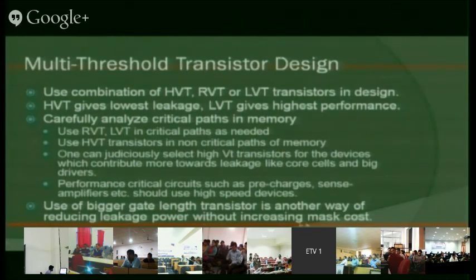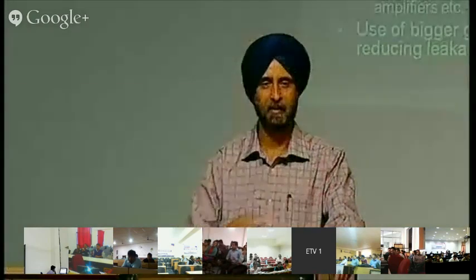Use of bigger gate length transistors is another way of reducing leakage power without increasing mask cost. Say you are fabricating transistors with different gate lengths. The VT is not fixed. The threshold voltage of a transistor varies with gate length in the same technology.